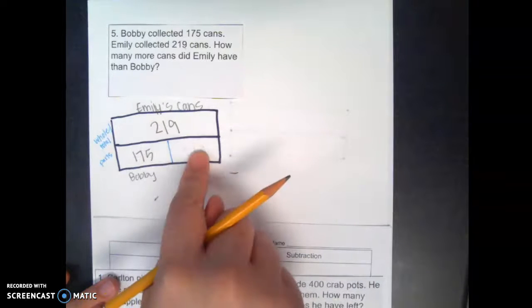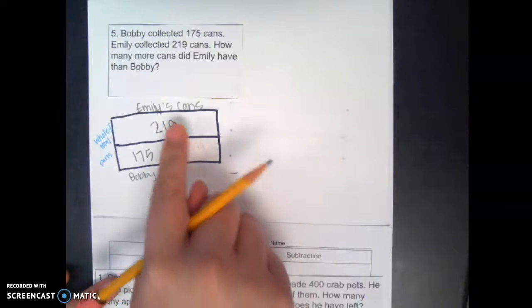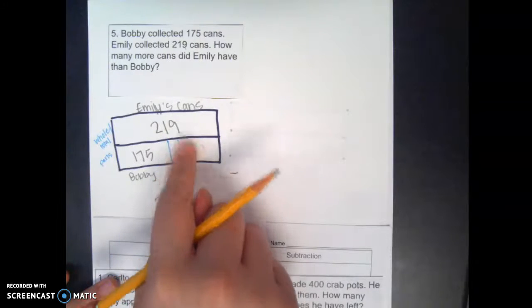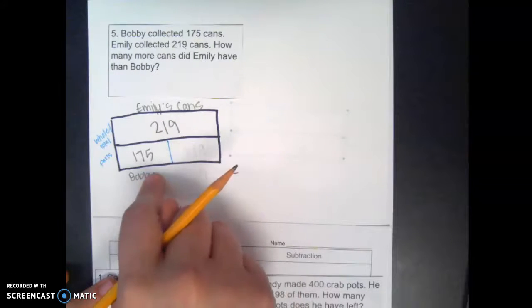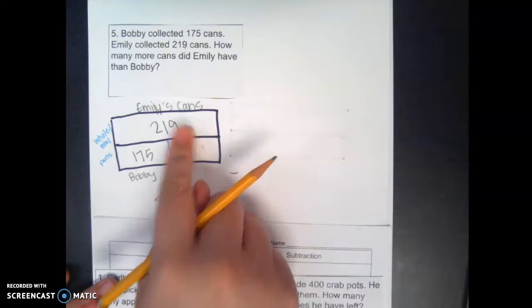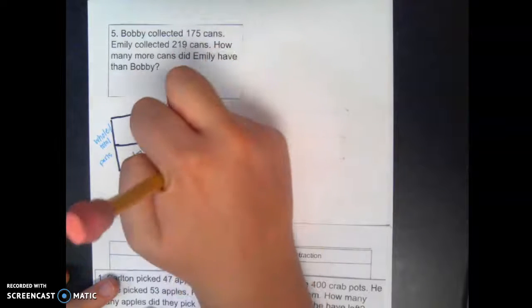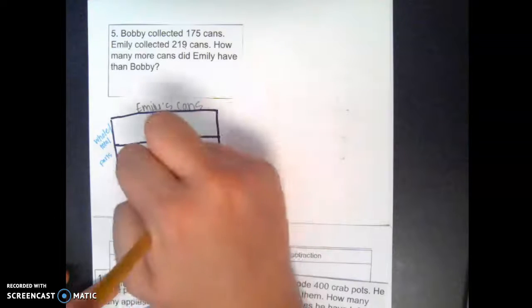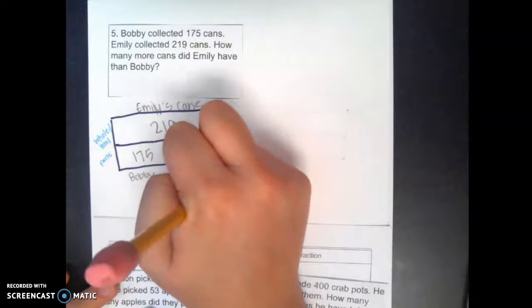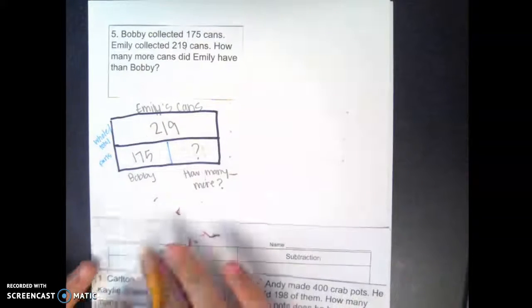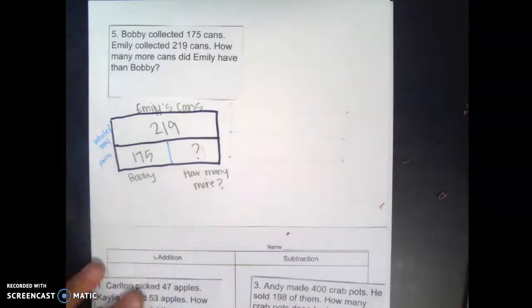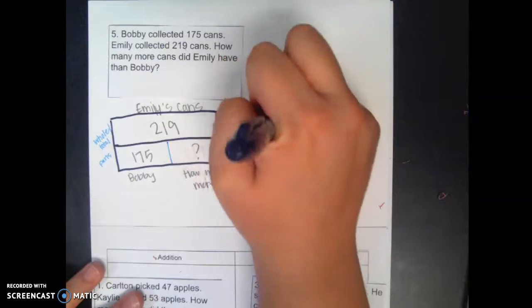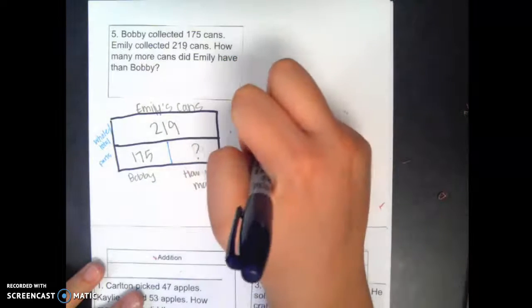You cannot add these two numbers together like we just did, because that would give you a number more than what Emily has. So the amount that she has more than Bobby cannot be more than what she actually has. So this is your missing part. This is how many more? So this is going to be a subtraction problem. 219 minus 175.